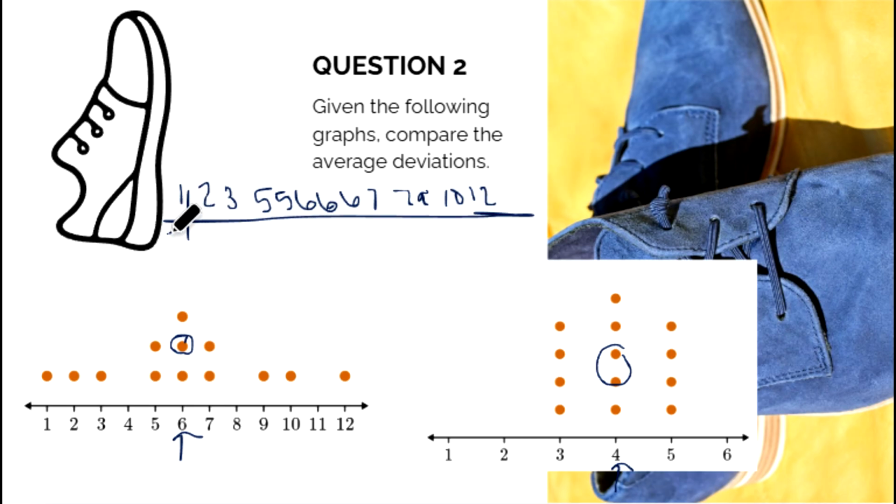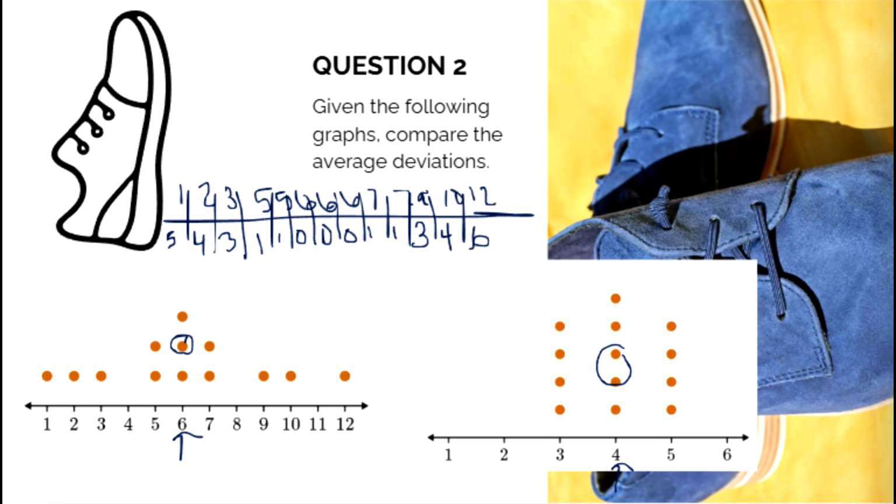So 1 is 5 steps away, 2 is 4, 3 is 3, 5 is 1, 5 is 1, 6 is 0, 6 is 0, 6 is 0, 7 is 1, 7 is 1, 9 is 3, 10 is 4, and 12 is 6.